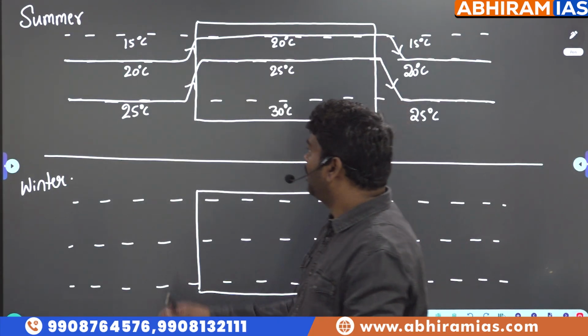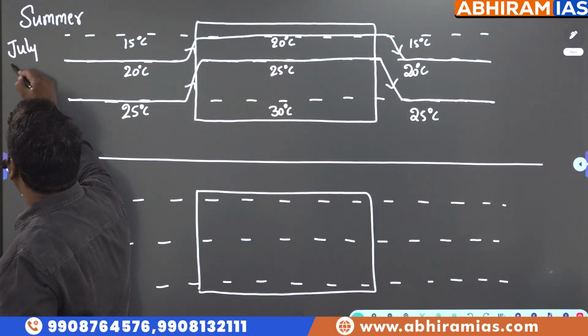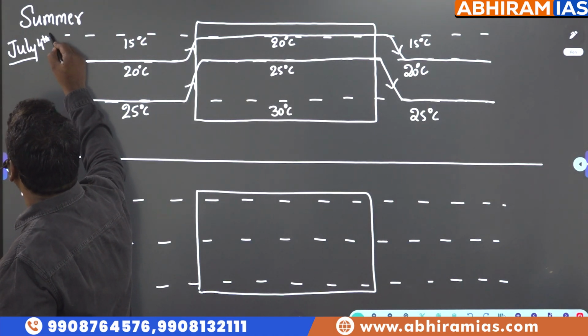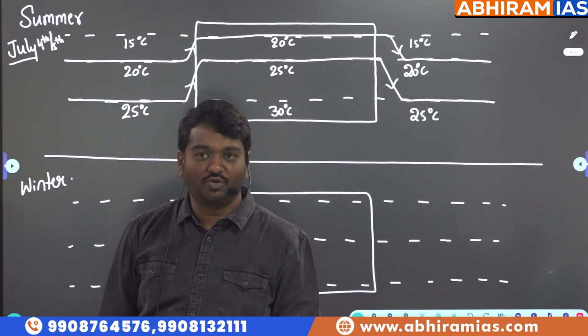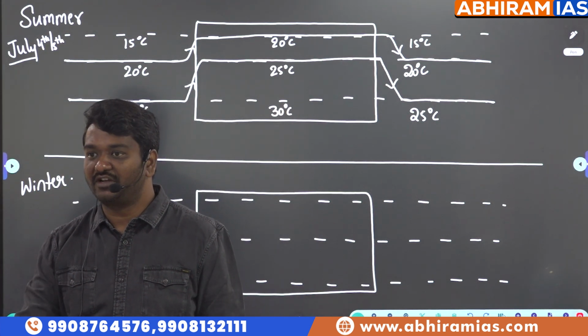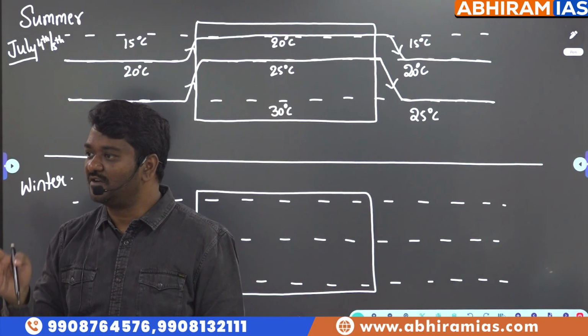So normally examiners will ask you the date of July, on July 4th or 5th. Please understand, July 4th or 5th is equal to June 21st. Don't get confused. It is closer to June, so you should go on the basis of June 21st.